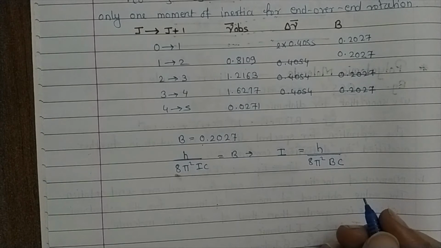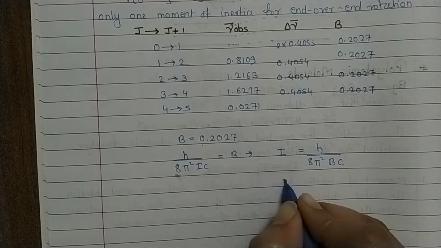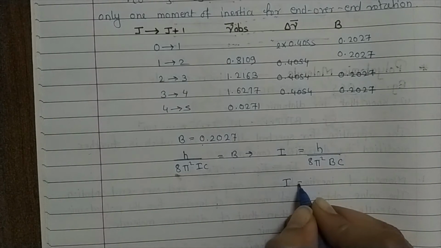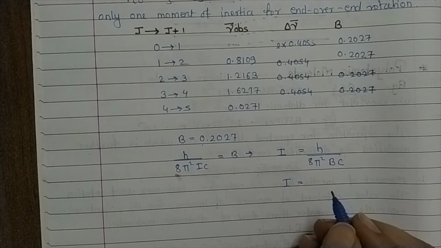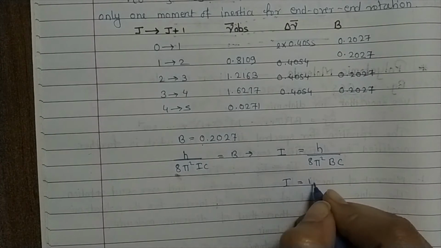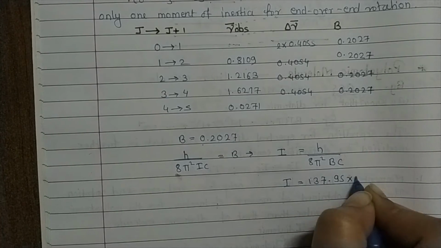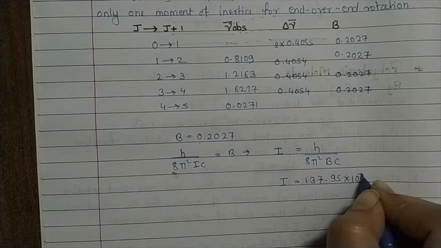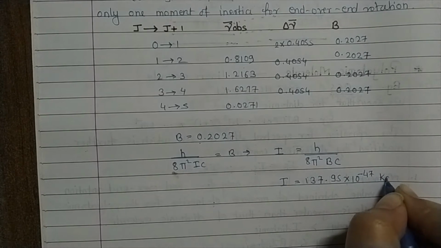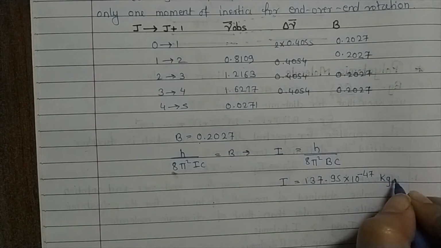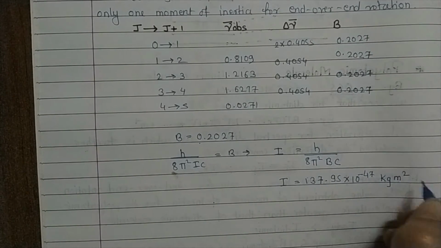When we calculate the value of I, we find that it is 137.95 into 10 raised to minus 47 kilogram meter square.